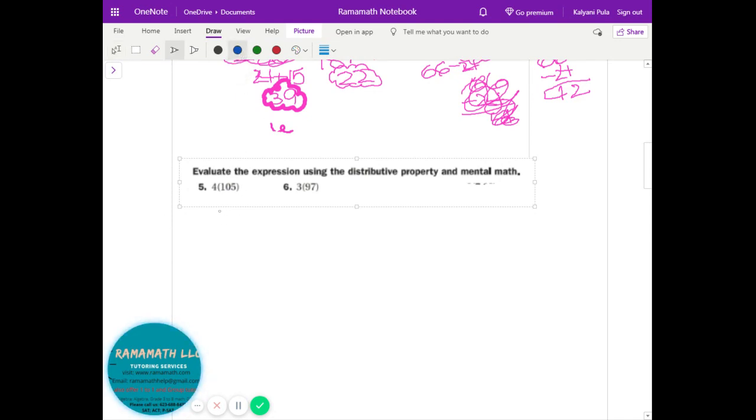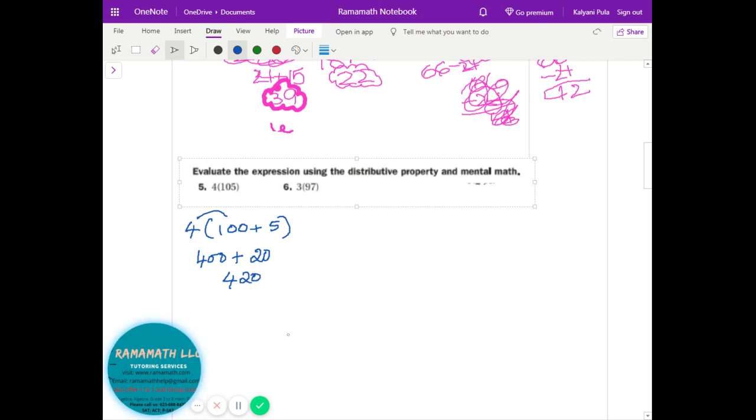It's on the screen. See, when you have 4 times 105, you can multiply 4 and 105. There's no problem in there. But to make it easier, I can write 105 as 100 plus 5, which is 4 times 100 is 400, plus 4 times 5 is 20, so that's 420. See how fast we can do that math?